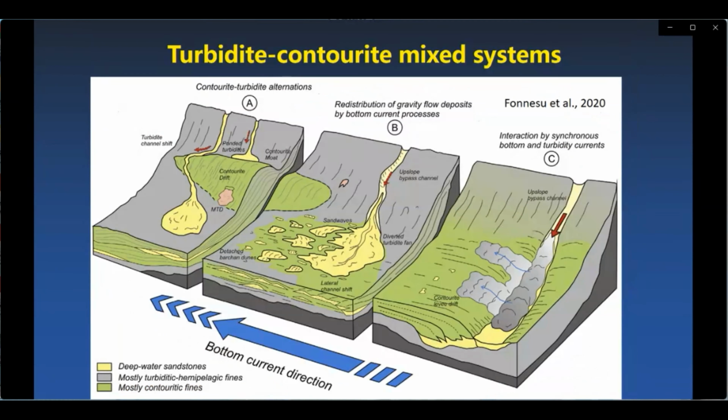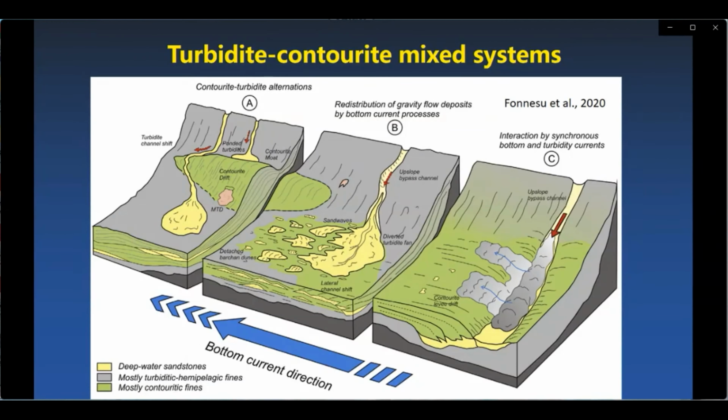Actually, more often we find the co-occurrence of turbidites and contourites, here called mixed systems. There are three main types of mixed systems. The first is contourite-turbidite alternations, the second is the reworking of turbidity current deposits by bottom currents, and the third is interaction by synchronous bottom and turbidity flows.